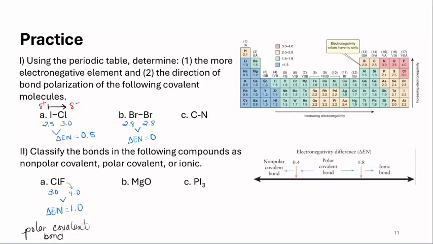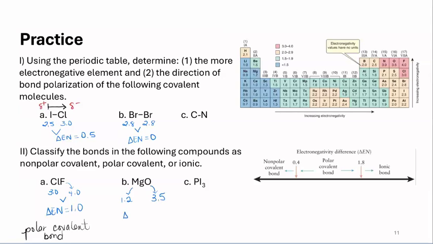Let's look at magnesium and oxygen. When I assign the electronegativity values, magnesium has an electronegativity value of 1.2. Oxygen has an electronegativity value of 3.5.